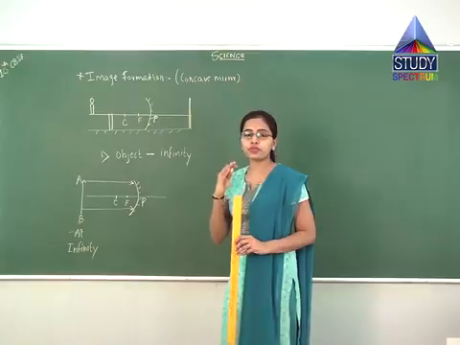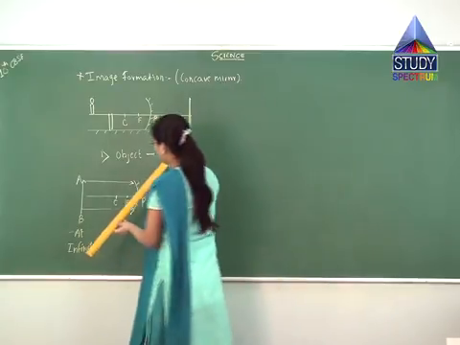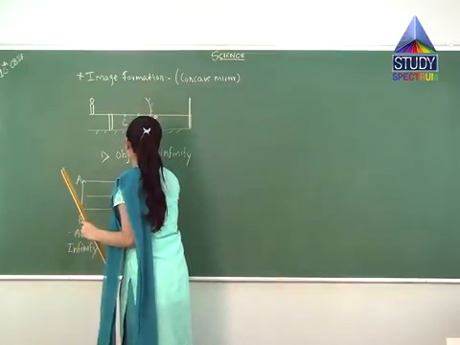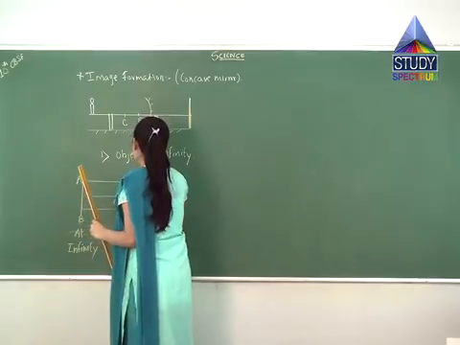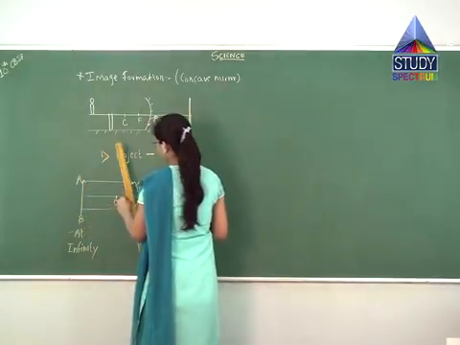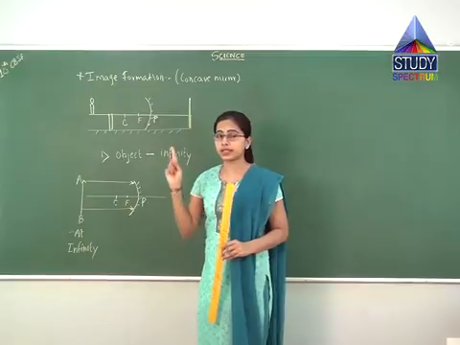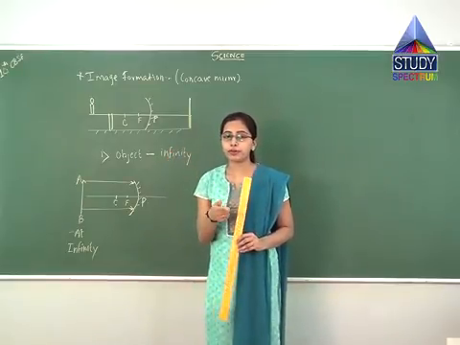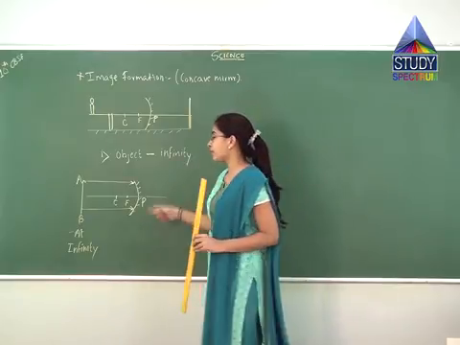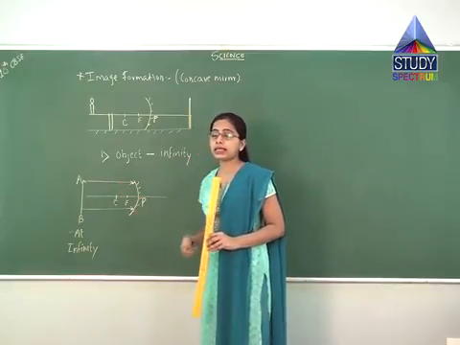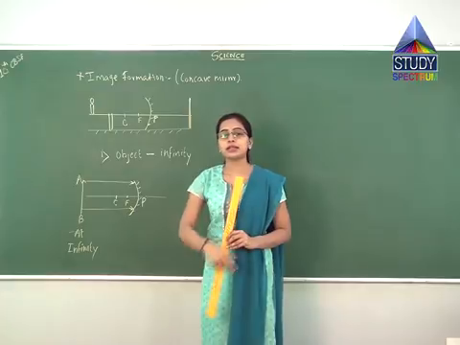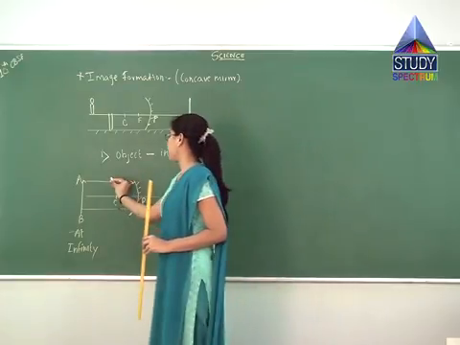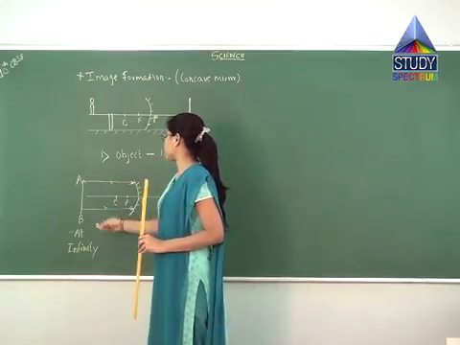After reflection of these rays, if you remember the first case that I showed, how parallel rays get deflected, parallel rays to the principal axis get reflected by passing through the principal focus.